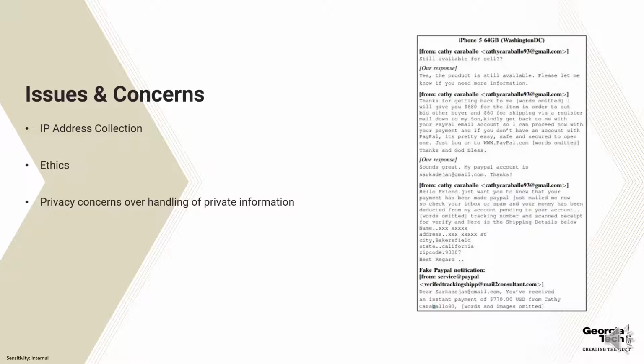Ethics had to be considered because this experiment involved human subjects. Several controls had to be put in place to prevent any harm to participants. The researchers also had to address concerns about legitimate Craigslist users who may fall for this and possibly send payments. A policy was created to ensure legitimate victims are made aware of the test and refunded their payment if a case like that happened, and thankfully it did not.